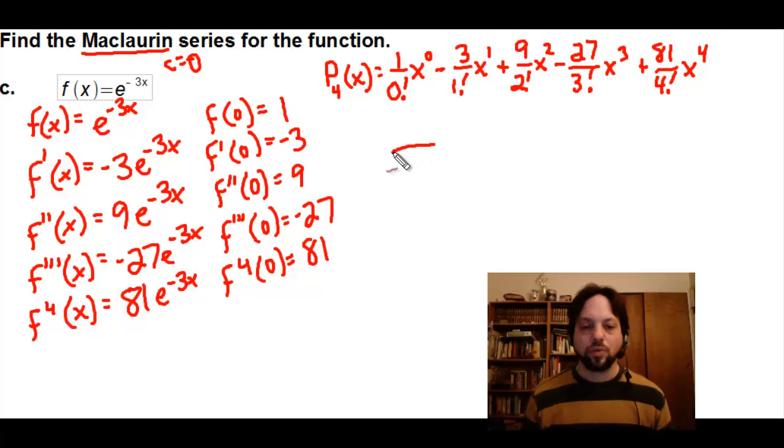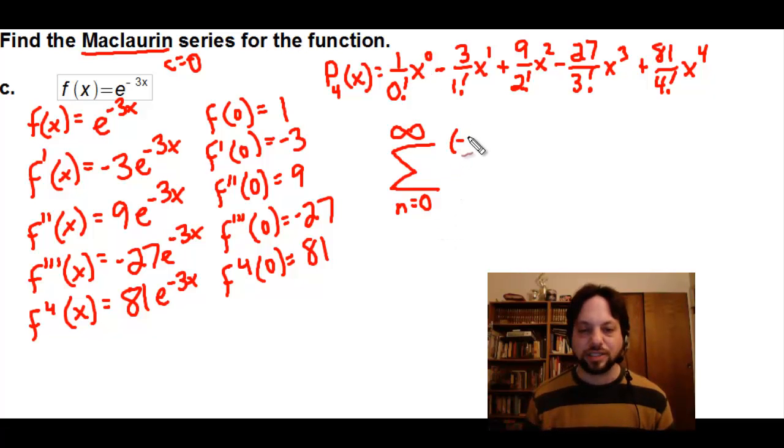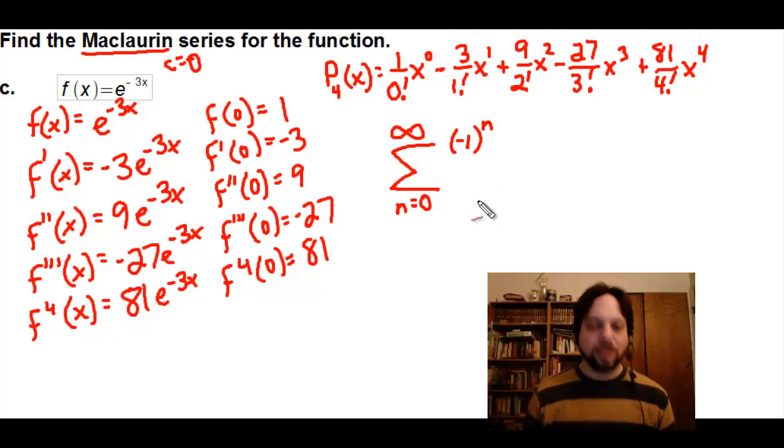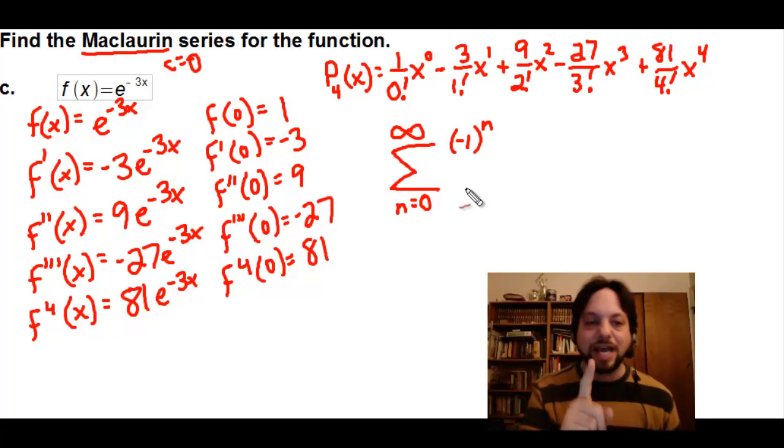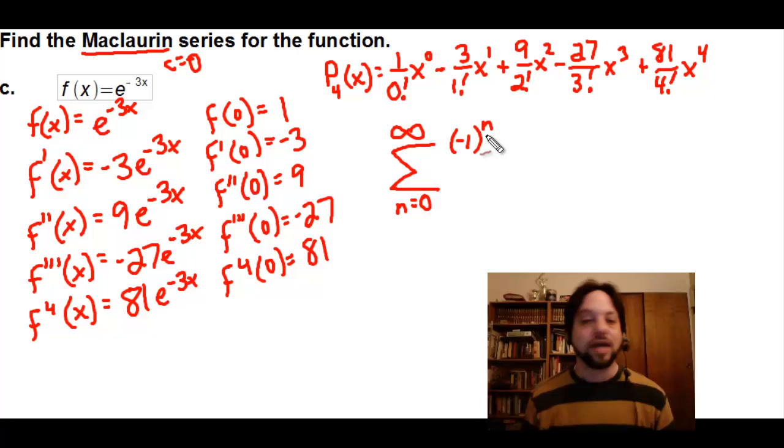So, what will this Maclaurin series look like? It'll be the sum from n equals 0 to infinity. I do have to deal with this alternating series issue. So there we go. That takes care of the plus, minus, plus, minus, plus, minus. And notice that when I plug in 0, it is positive. So it is starting correctly. That's very important. Then it looks like I'm going to have 3 to the n power.